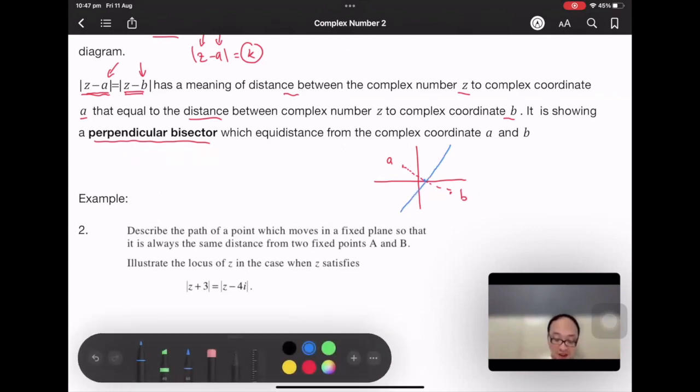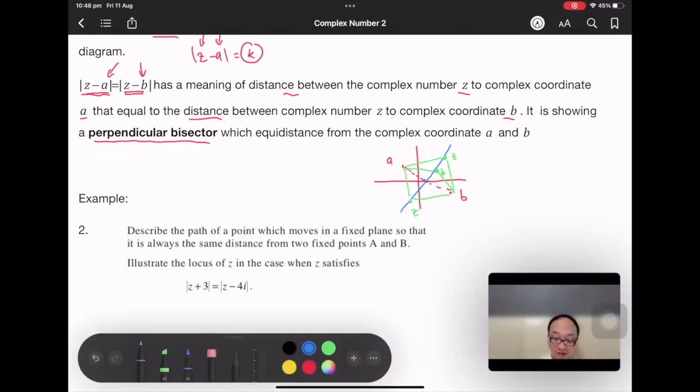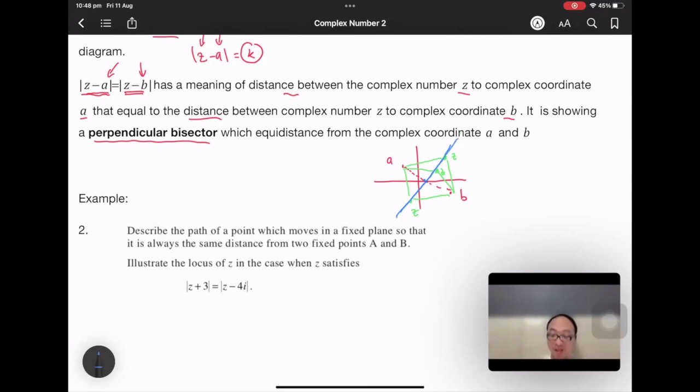So Z somewhere on the line here will be at equal distance from both A and B. Or another Z here, or maybe Z here, will be at equal distance from both A and B. So this is a perpendicular bisector. We know that Z, the complex number, will satisfy the blue line, the perpendicular bisector. So Z will lie on the blue line.